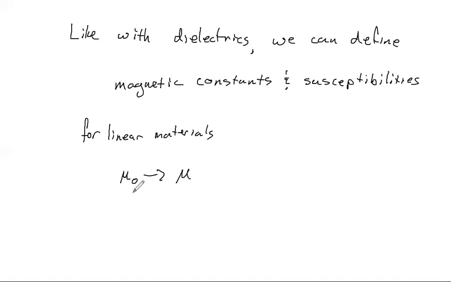So mu naught is the permeability of free space. Mu is the permeability of the material, and it simply equals a constant k, so it's the magnetic constant times mu naught.